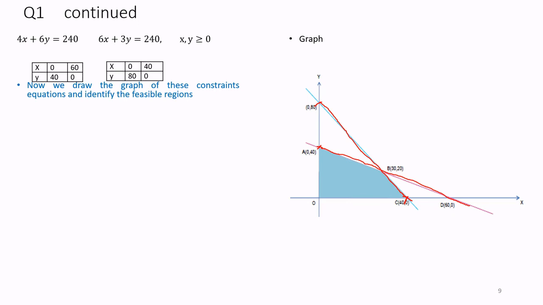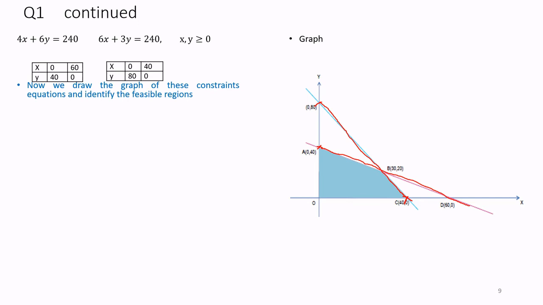So it should be below this line. So this is the region, and it should also be below the line 6x plus 3y. 6x plus 3y is this line, and the region should be below this. So this is the region selected.